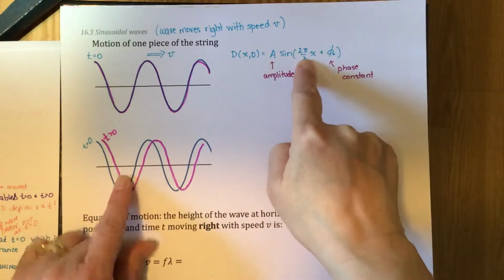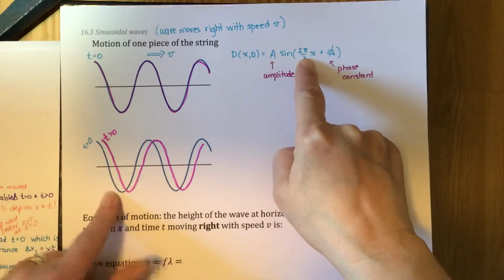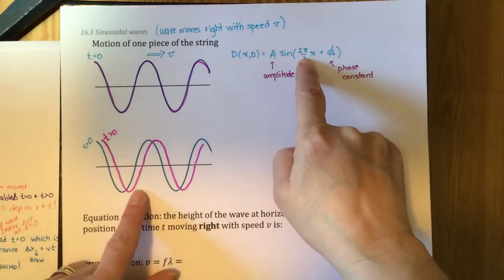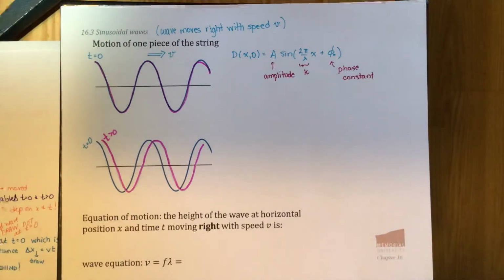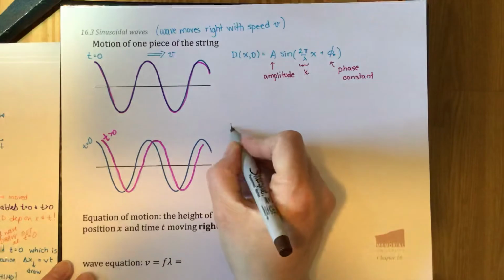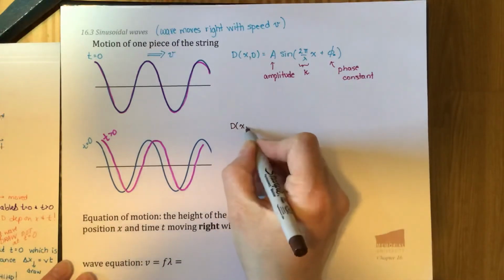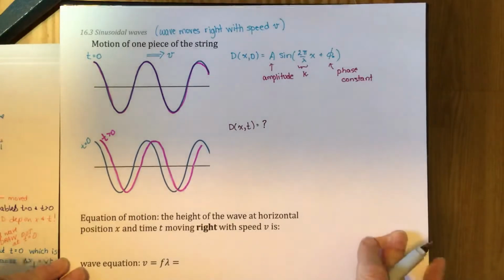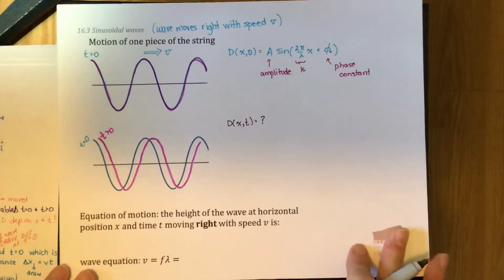It can't quite be this one because it's not exactly the same. It's changed by a little bit. And we know that the height of this wave is going to depend both on the horizontal position and the time. So our next thing we're going to try and sort out is for this bottom wave, what is d as a function of position and time to get the complete description of the wave on the string?